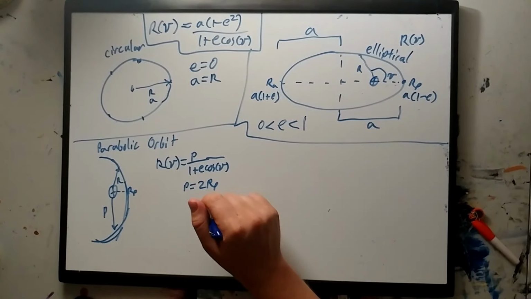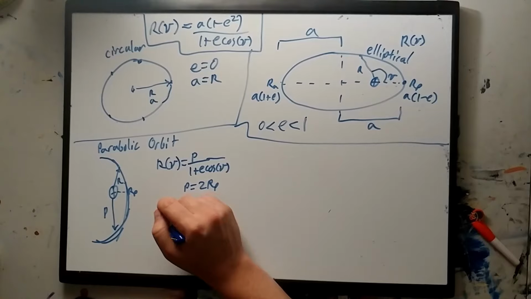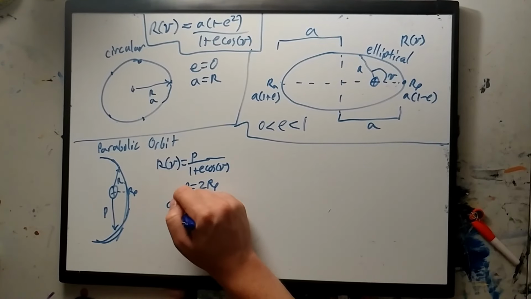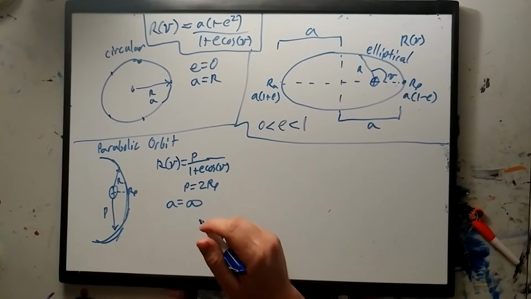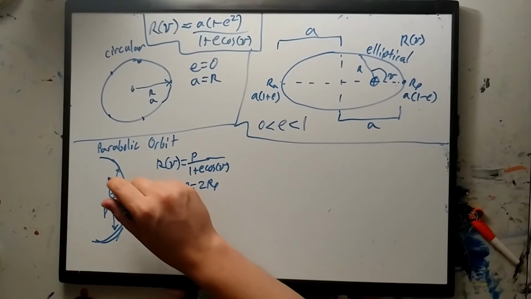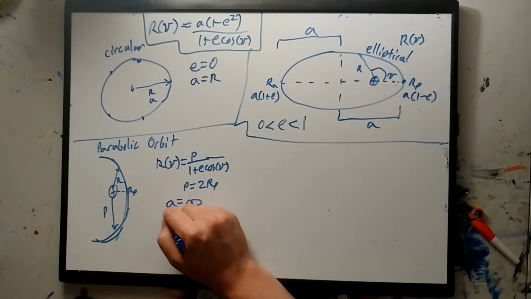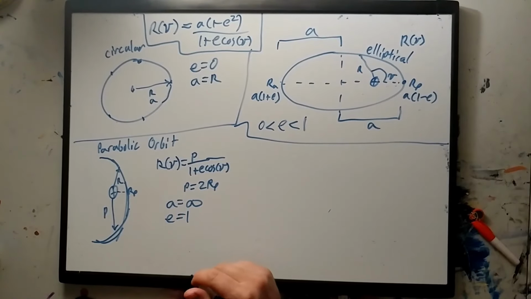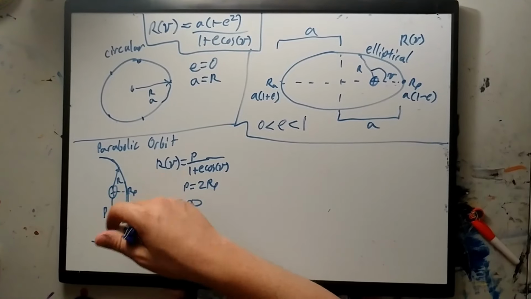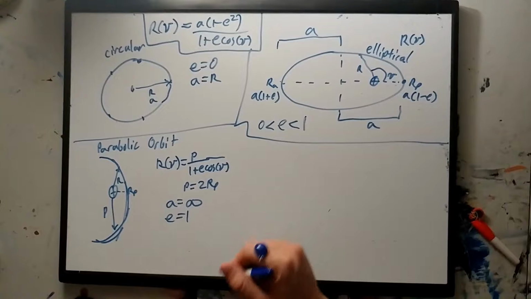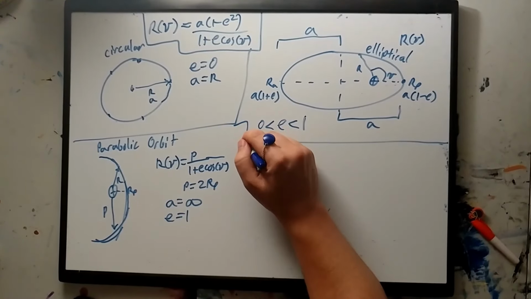The reason that we use p instead of a is because for a parabolic orbit, the semi-major axis is infinite. And our eccentricity for the parabolic orbit is equal to 1. So this is a flyby of the planet, not truly orbiting it.